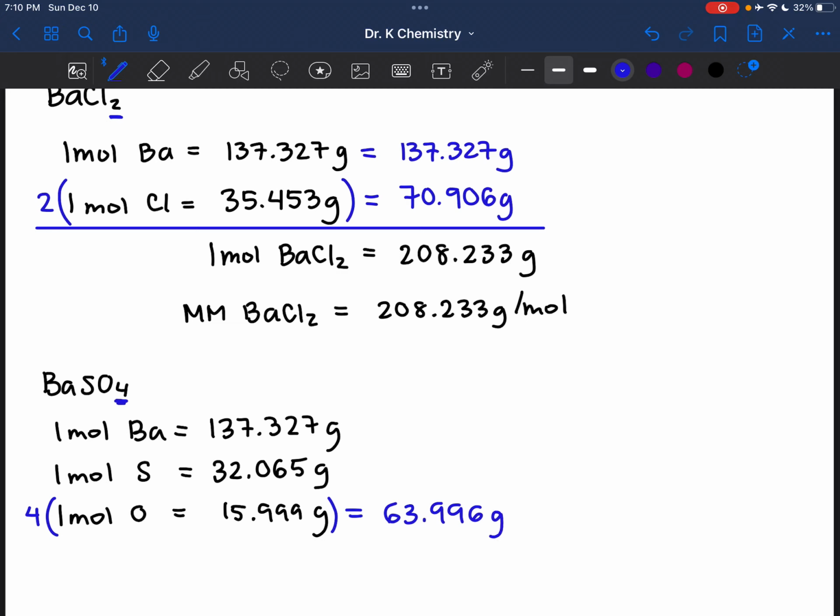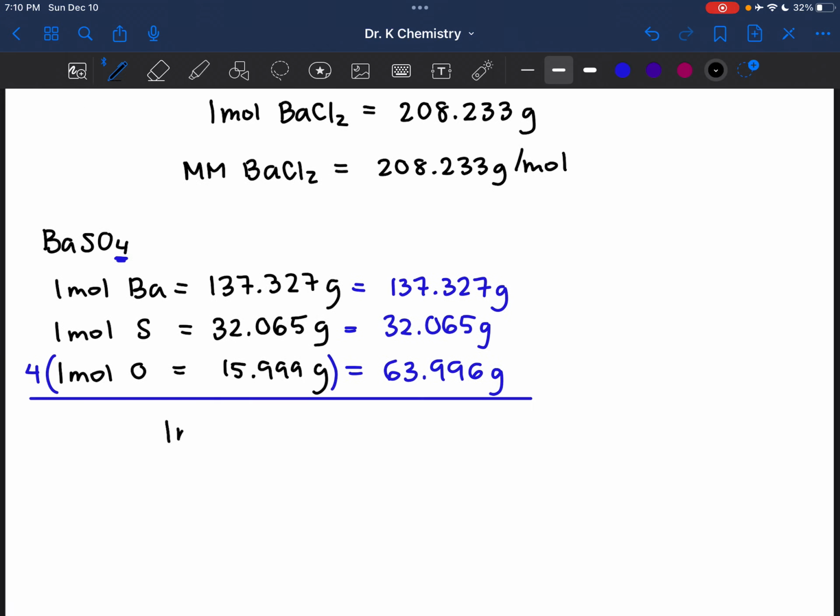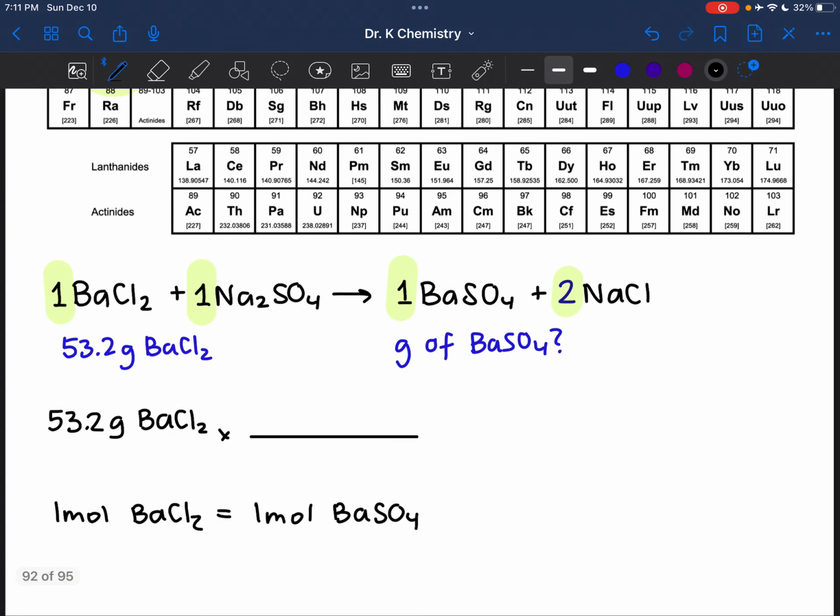That's giving us a mass of 63.996 grams just from the oxygen. And then we have to add all of these up to get the molar mass for the entire compound. If we add all of that together, one mole of barium sulfate will have a mass of 233.388 grams. Okay, now we can use that information in our stoichiometry problem.